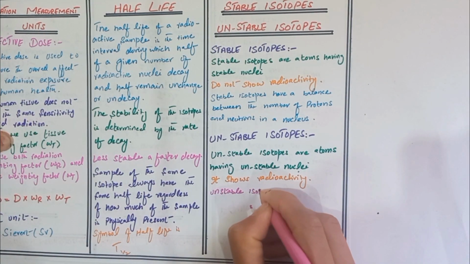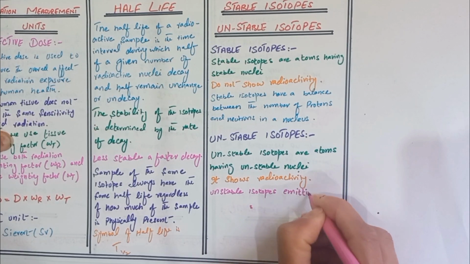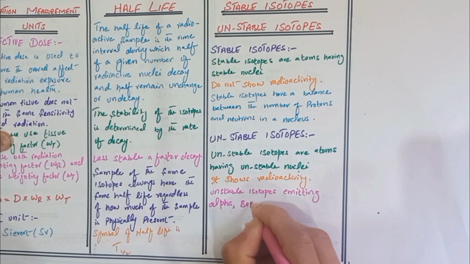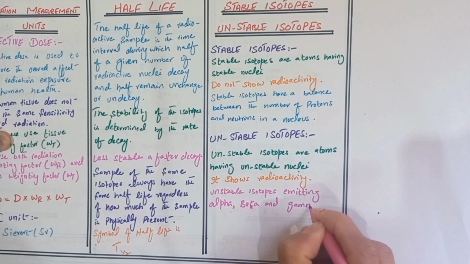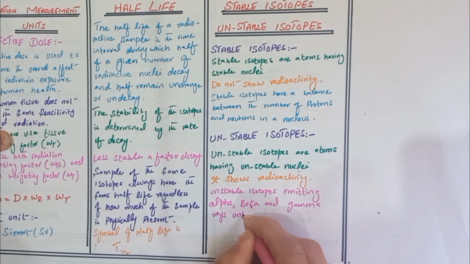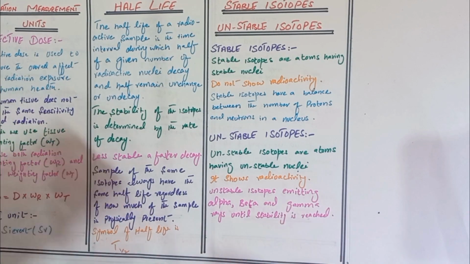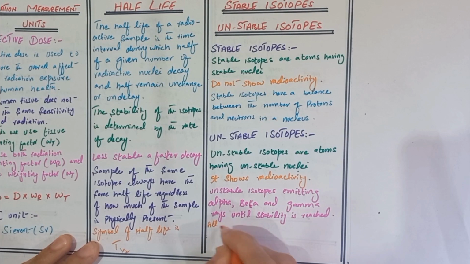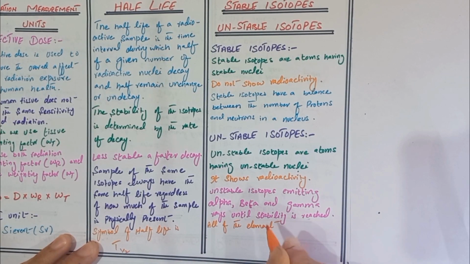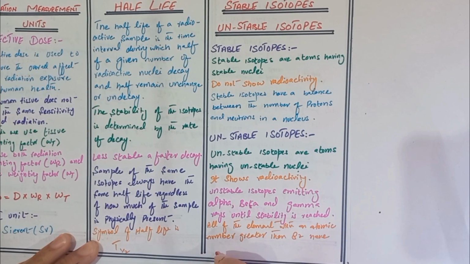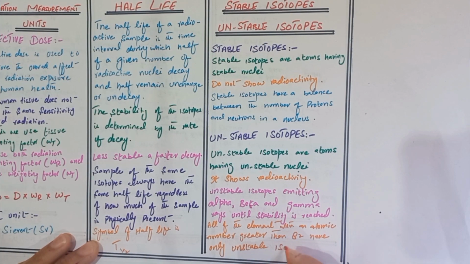Unstable isotopes emit alpha, beta, and gamma rays until stability is reached. All of the elements with an atomic number greater than 82 have only unstable isotopes.